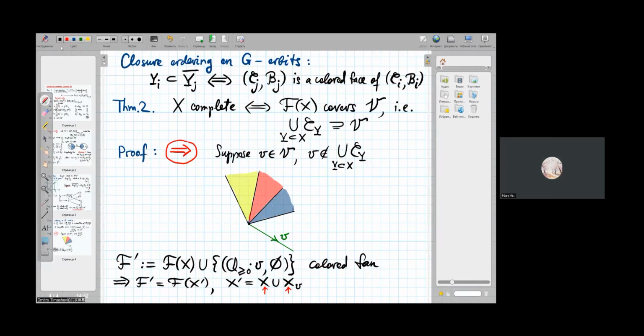So the complement of X in X prime, what is missing in X to get X prime, is exactly the orbit corresponding to this ray, the boundary divisor.